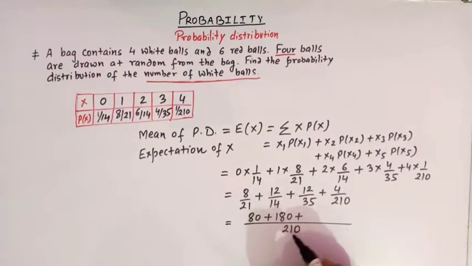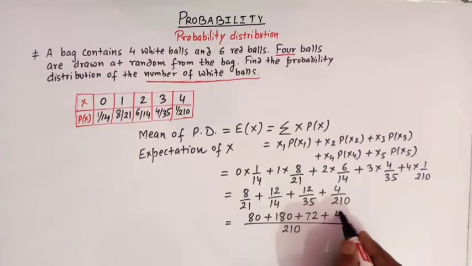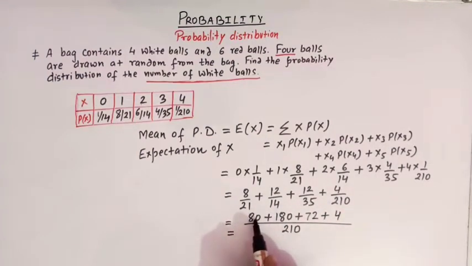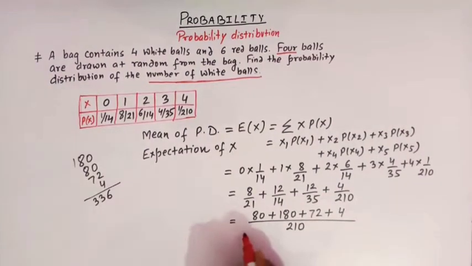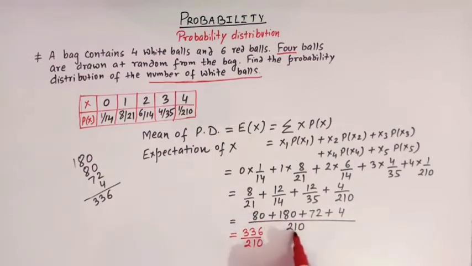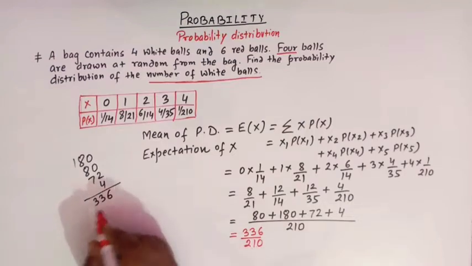So here we have 35, 6 are 210, so we have 6 times 12, that is 72, plus here we have 4, right? And if we add all these numbers, we get 336 over 210, right? So the sum of these numbers is 336 over 210.